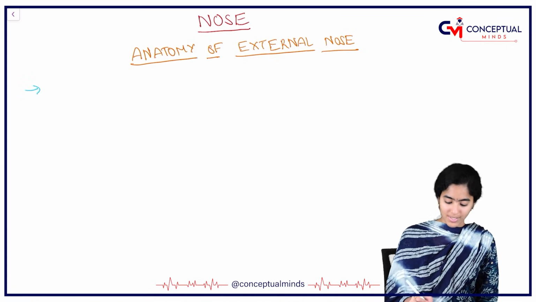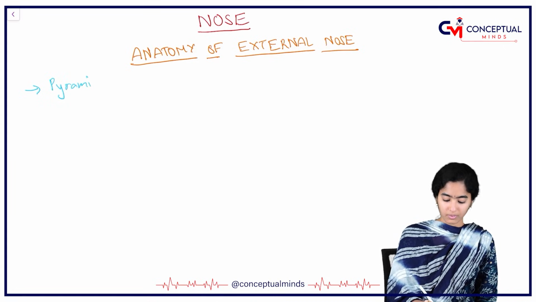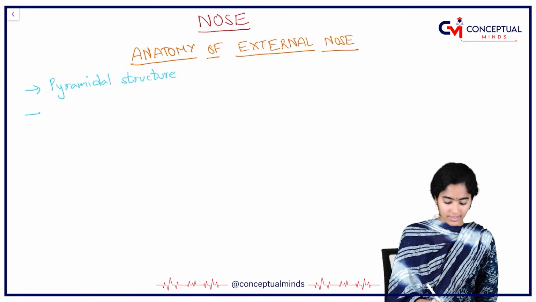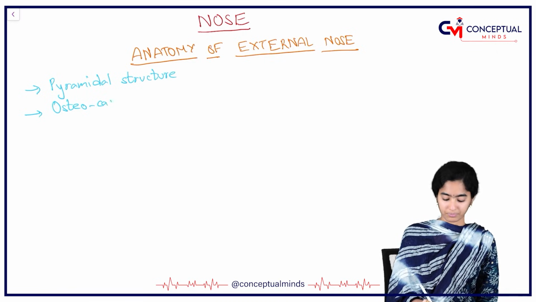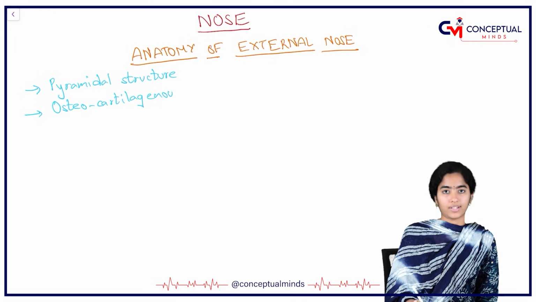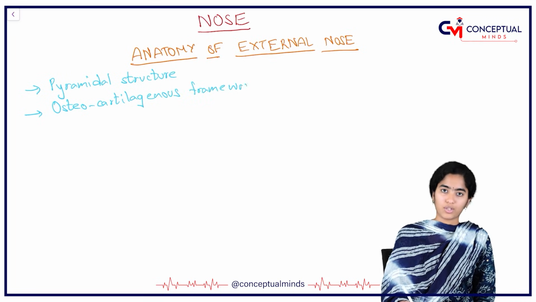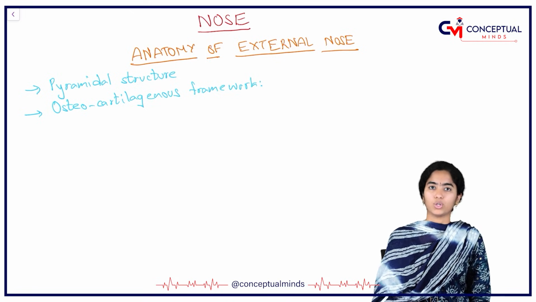The external nose is a pyramidal structure. It consists of an osteocartilaginous framework. The osteocartilaginous framework can be further divided into upper 1/3 and lower 2/3.